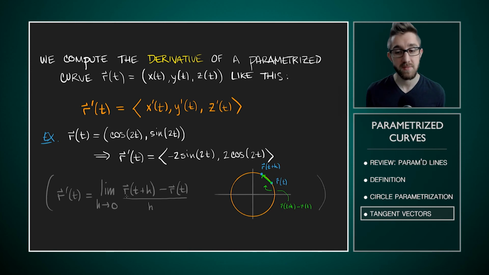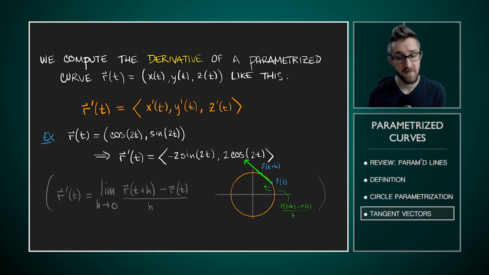And remember, h is a small number. Maybe just for our purposes, it's 1/3. So we're dividing this vector by 1/3. And since we're dividing by 1/3, that's the same as multiplying by 3. So this entire fraction should be represented by the vector that points parallel to this one, but is 3 times longer. So I've scaled this original vector to be 3 times longer, and now this green thing is r of t plus h minus r of t over h.